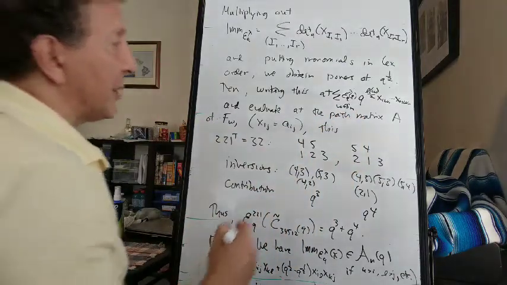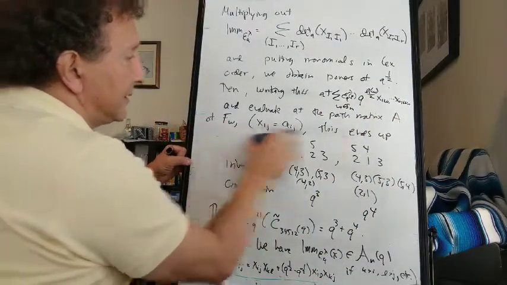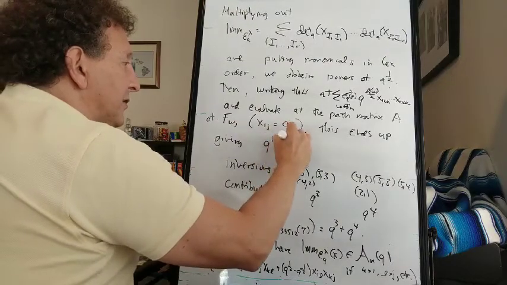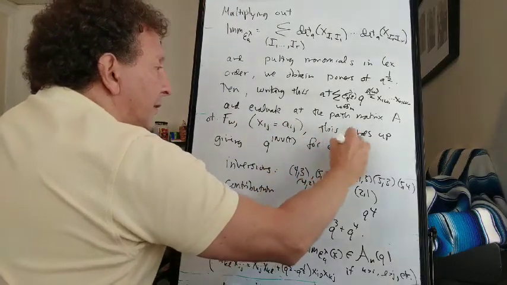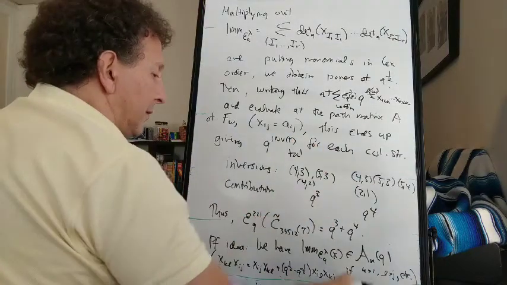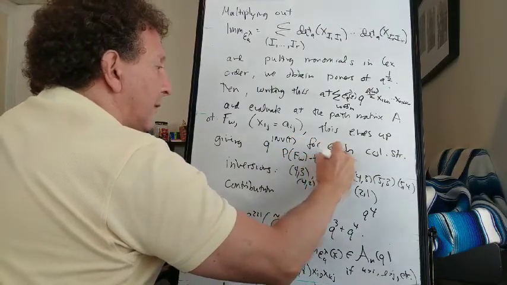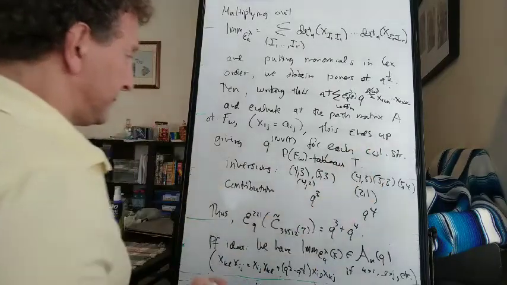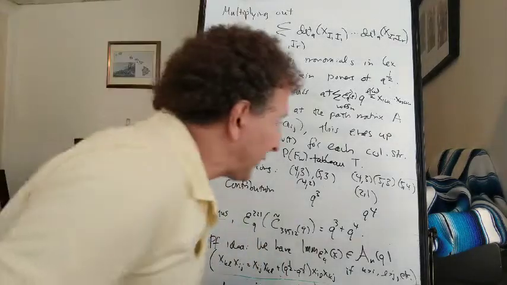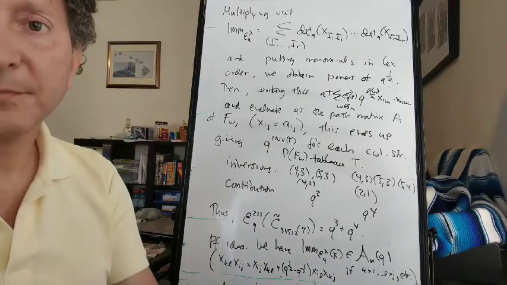Then you can show with a couple other lemmas that this ends up giving us precisely q to the number of inversions of T for each column strict P of FW tableau T. So we're drawing exactly the same pictures, the column strict tableau, and we're just associating a power of q to each one now. The end.